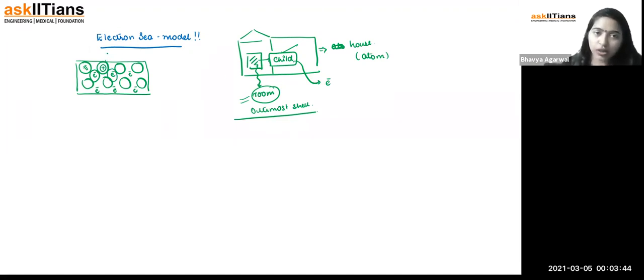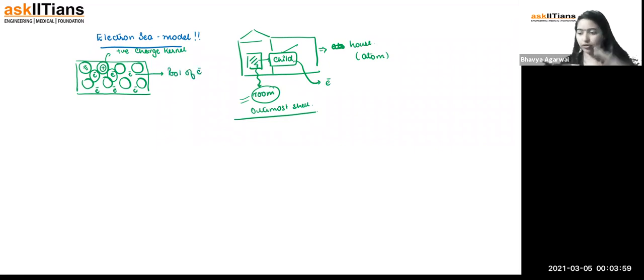This is what you call the positive charge kernel, and this is the pool of electrons, or the sea of electrons. It is because of this reason that the entire structure is known as the electron sea model.